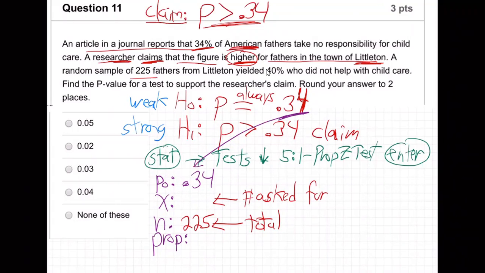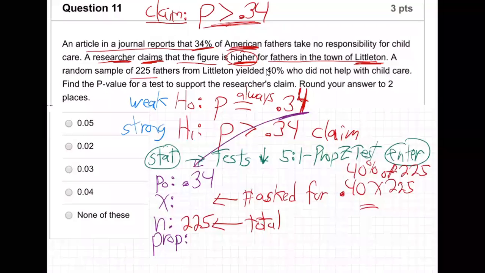So notice you've got to take 0.40 times 225 on your calculator. Why? Because it's 40% of the 225 people. That's what they're saying. Am I losing you completely on that one?